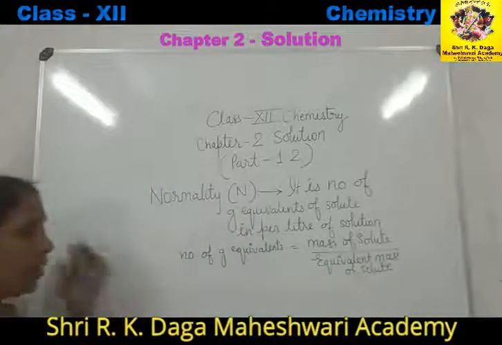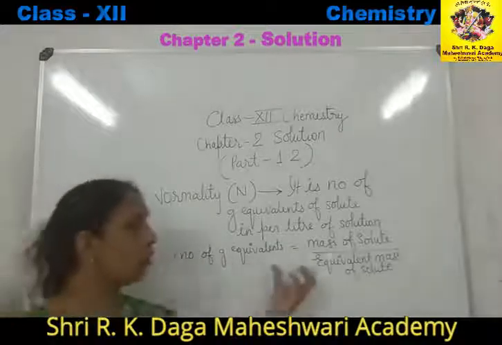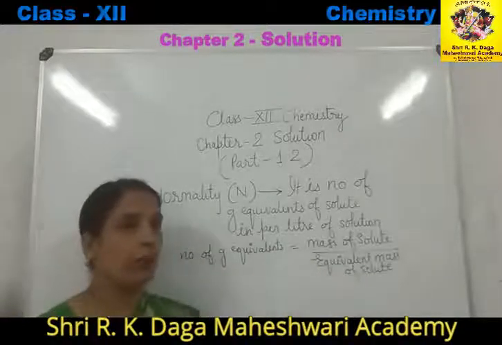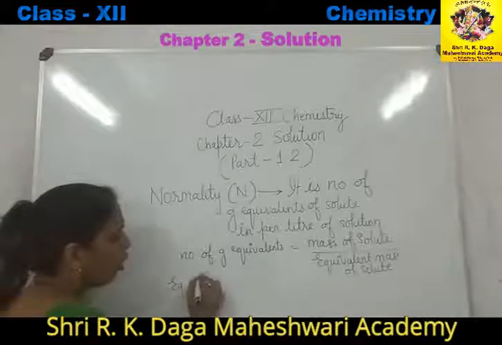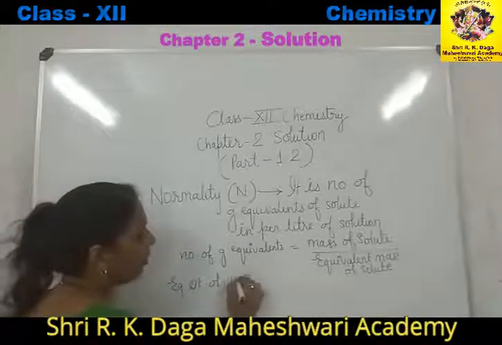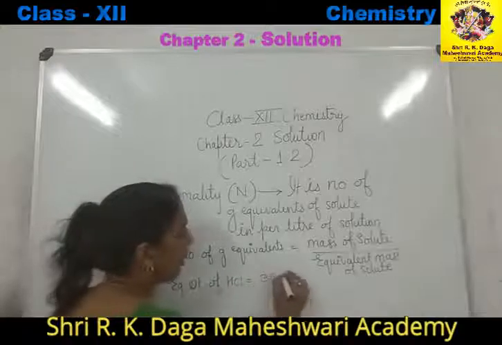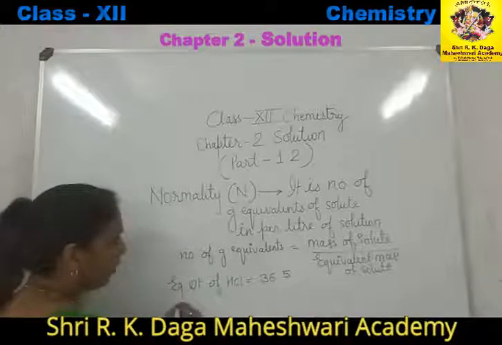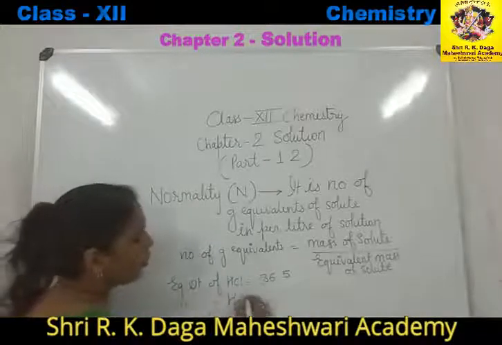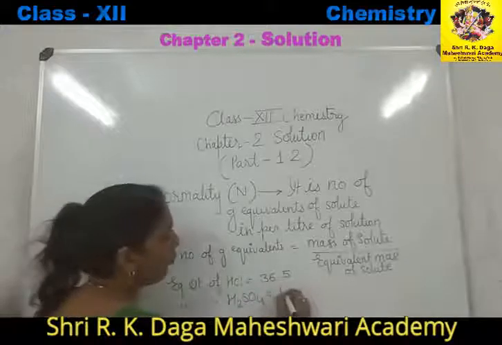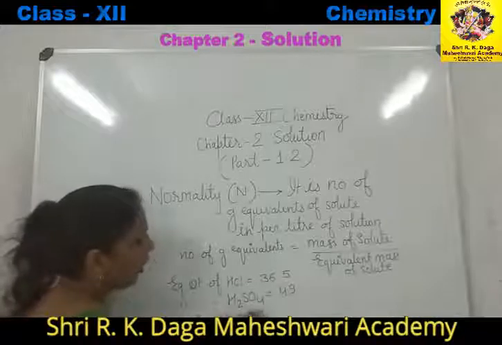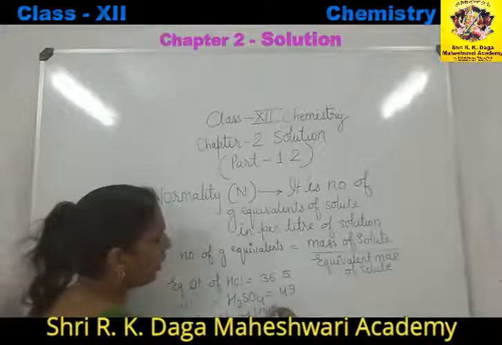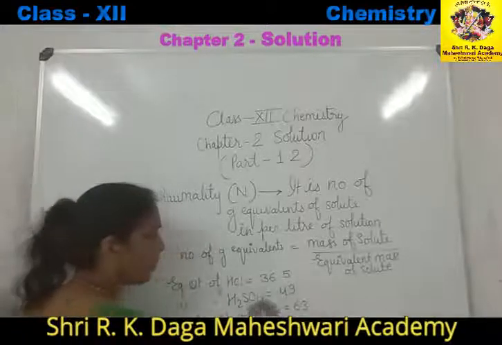Here I am giving you some examples of equivalent mass of various types of solutes. For example, the equivalent weight of HCl is 36.5. Equivalent weight of H2SO4 is 49. Equivalent weight of HNO3 is 63.